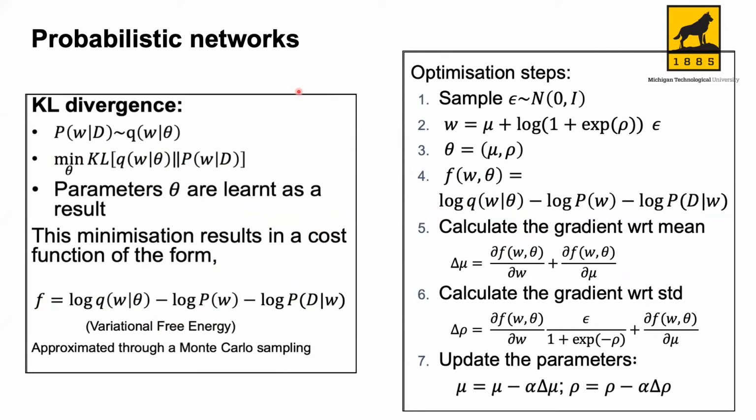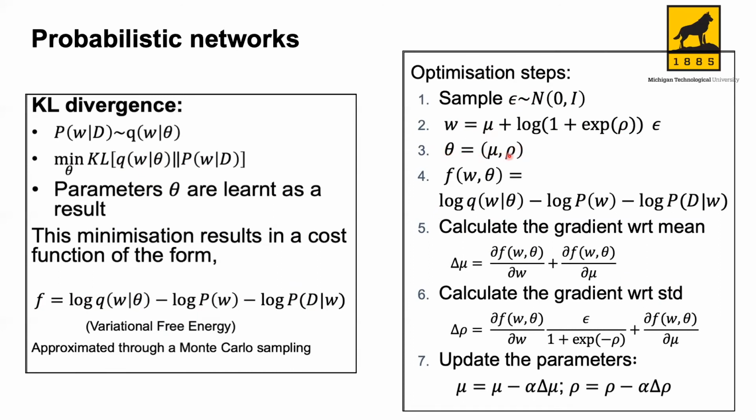And these are the optimization steps towards that. You reparameterize the W through a standard normal process with two parameters, mean and standard deviation. So basically, W is a Gaussian with mean mu and standard deviation rho, and these are your parameter space.